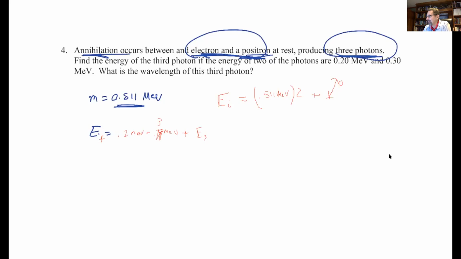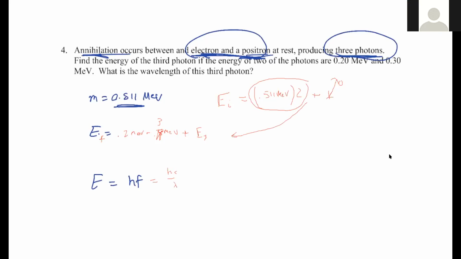Yeah, right. But you know that the sum of those has to be that, and then we rearrange to solve for that, and once we get that energy, we can put it into this to get the wavelength. Exactly. I would go hc over lambda. It's just quicker to do the calculation that way.